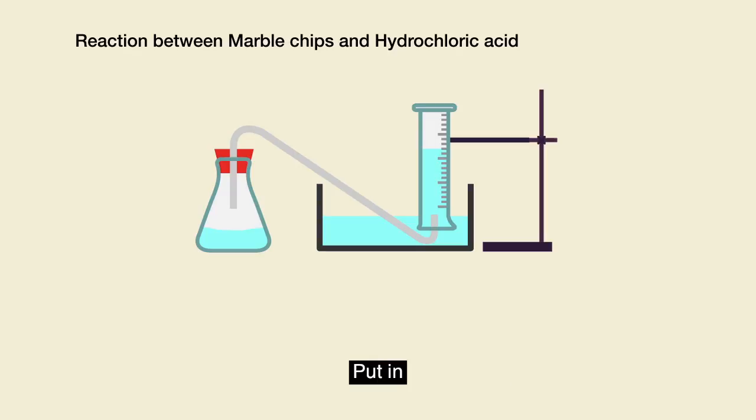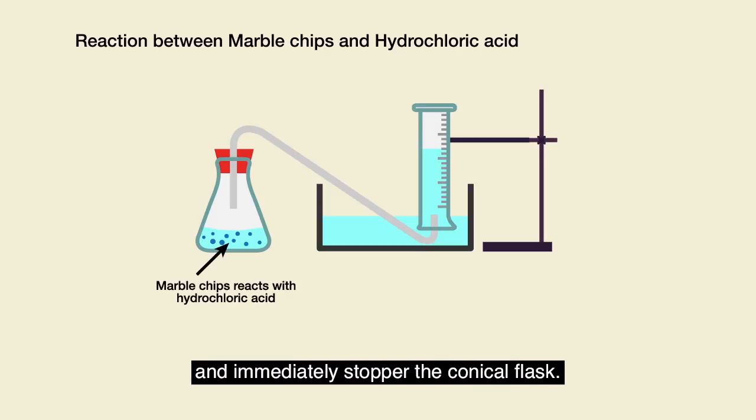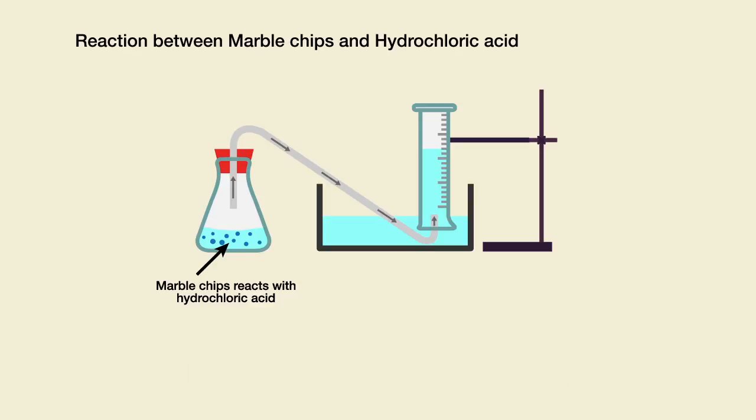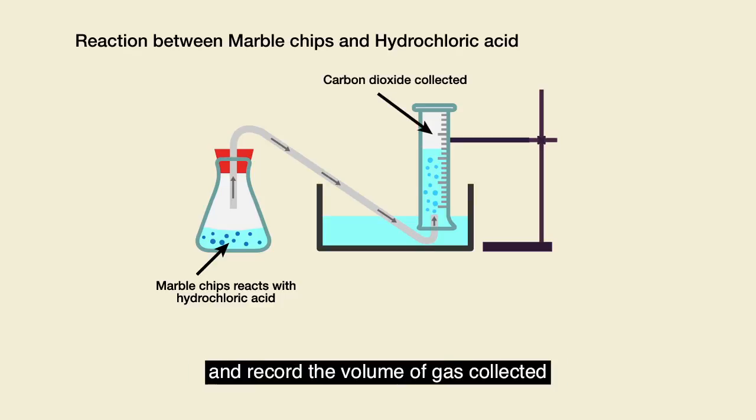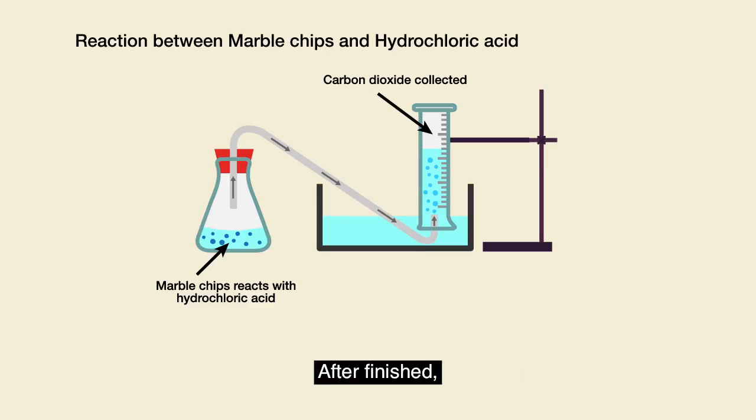Put in 2.5 gram of marble chips into the conical flask and immediately stopper the conical flask. Gently swirl the conical flask and record the volume of gas collected when the reaction has stopped. After finish, you need to repeat the experiment by using 10 grams of marble chips.